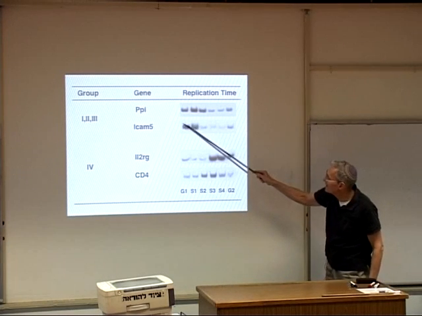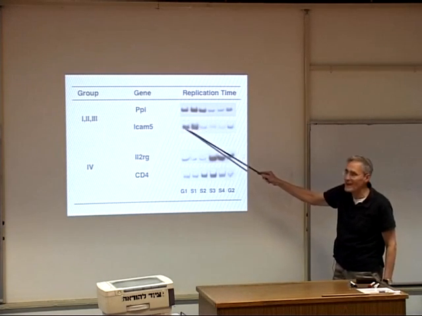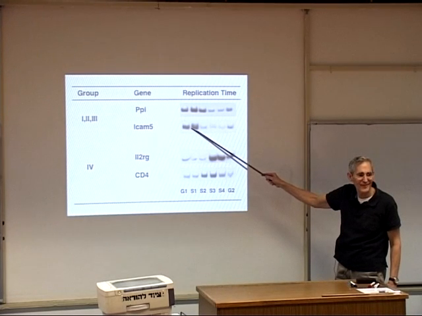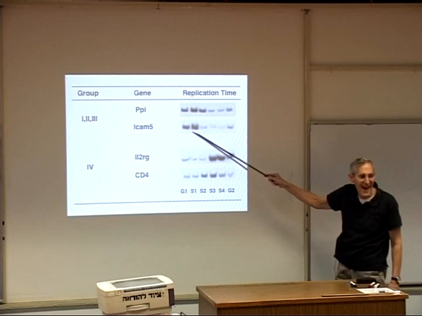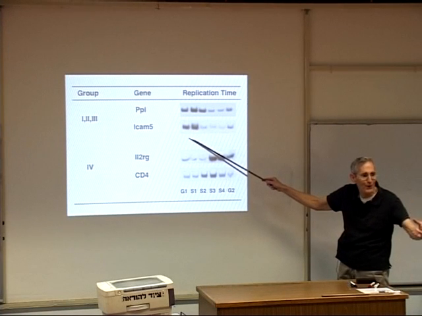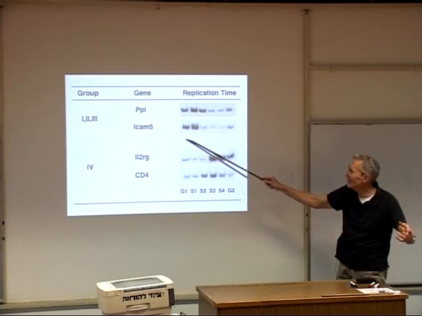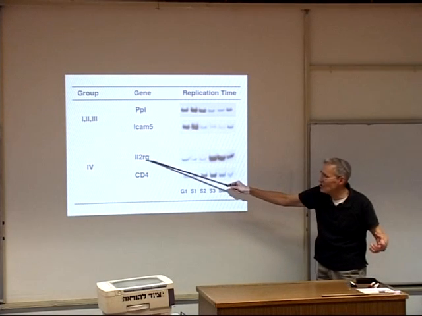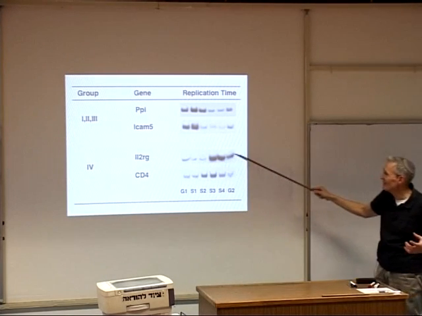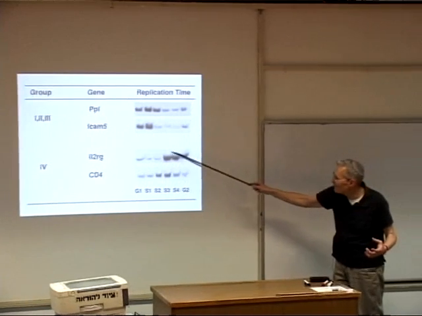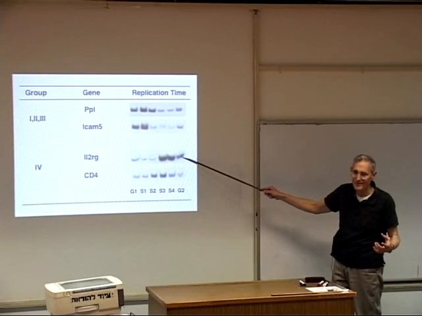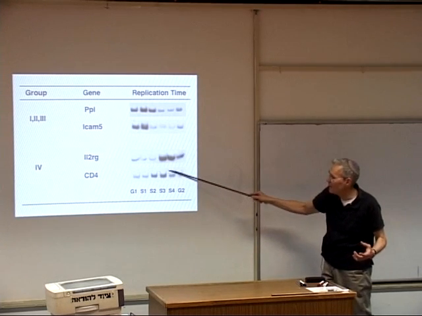And you can see this gene replicates in early S. Because only the first 2 fractions have that gene in their BrdU. So they replicated in early S. Whereas this gene in the same cells replicates in late S. You only see it towards the end of S. Okay? Maybe this replicates sometime in the middle.